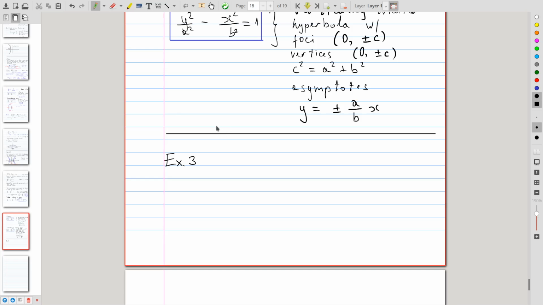Let's say we will start with some geometric information and work our way towards the equation.